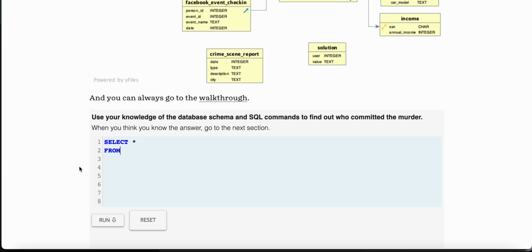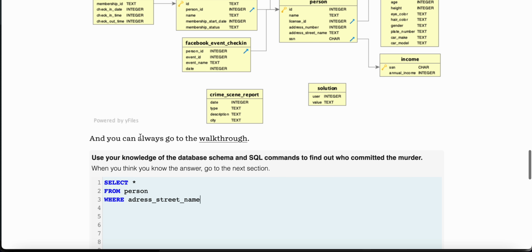So we have from the person table where we were told that the address street name is Northwestern DR. Now you might ask, why am I putting it in quotes?